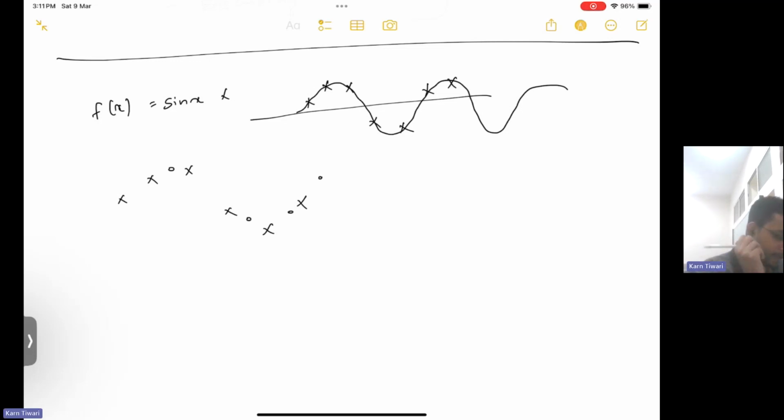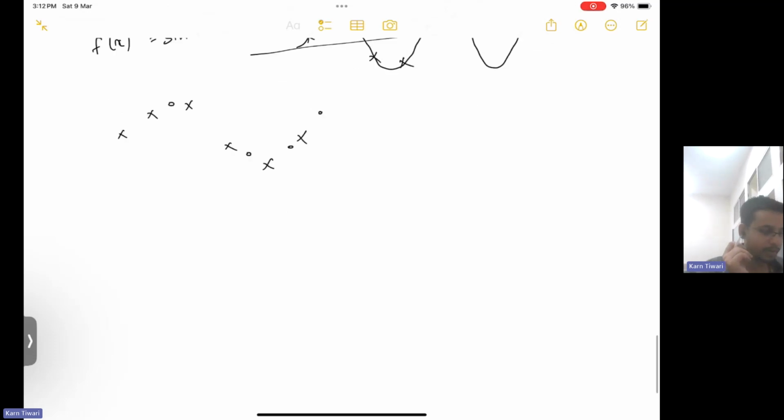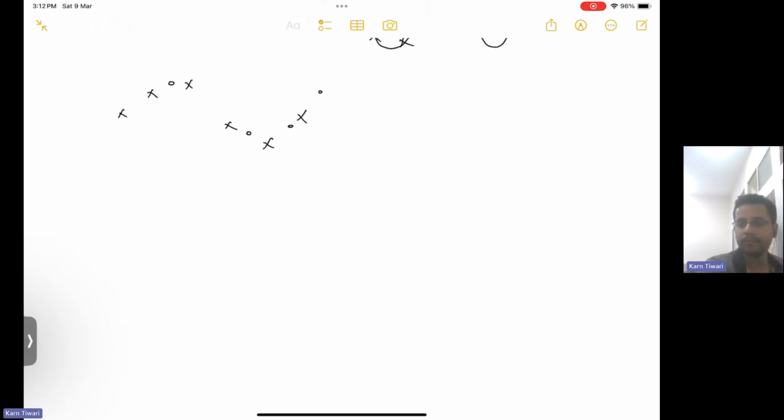The purpose is that we need to fit the curve so that it performs good enough on the training data set as well as on the testing data set. Because if it's performing good on training and not on testing, that's useless. If it's performing badly on training, it won't be performing good on testing. That's what you can think.